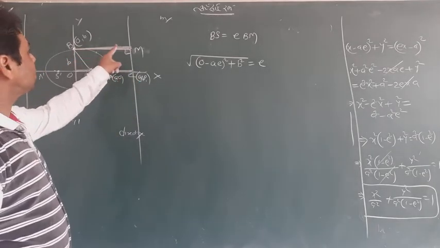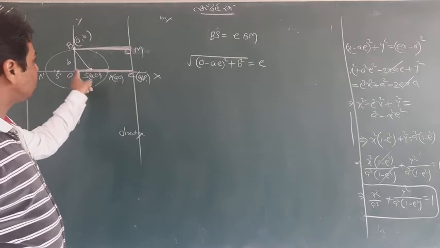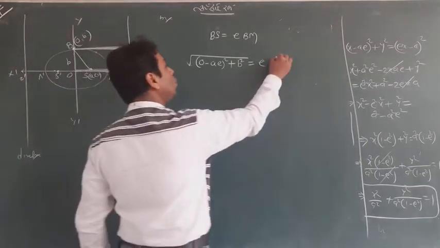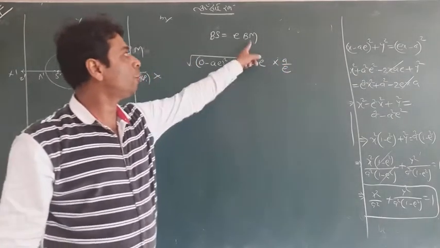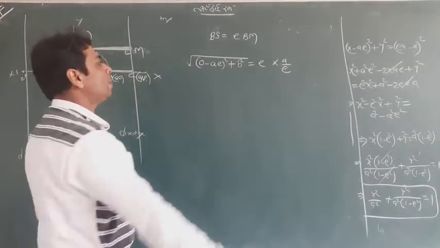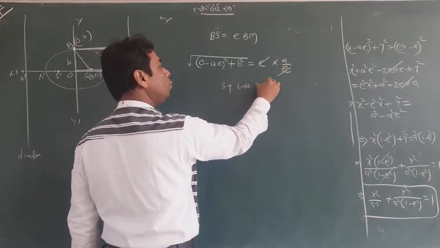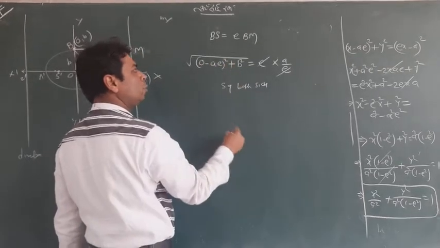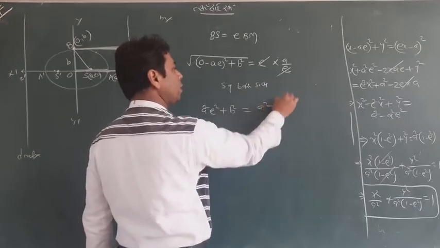So this distance is equal to that distance, and you should not get confused: that distance is A upon E, so this distance is also A upon E. So I can write A upon E directly instead of PM. That's very simple. Now I will cancel these two and square both sides. What will we have? This portion will be minus A squared, you know it. It's going to be A squared E squared, B squared equal to A squared.